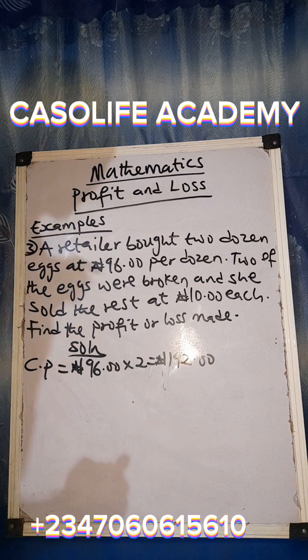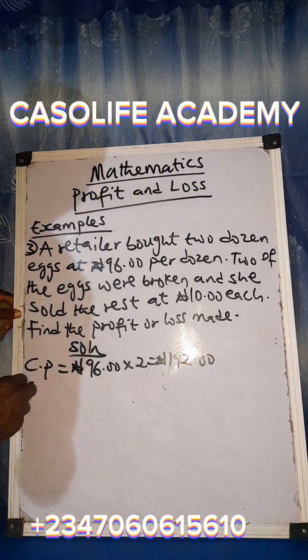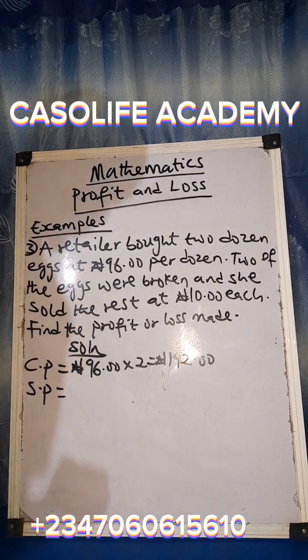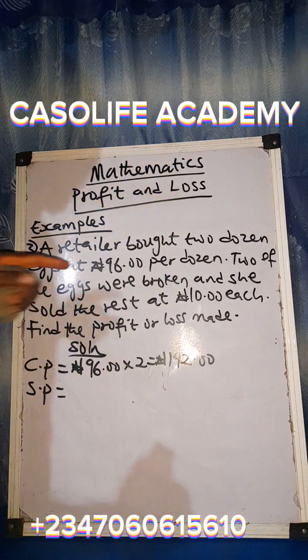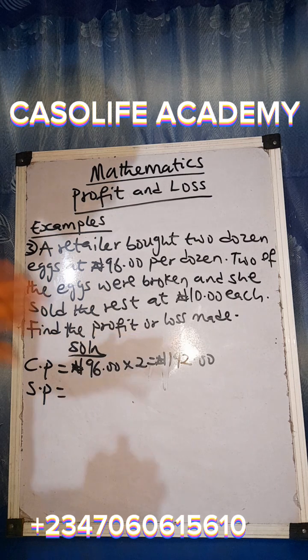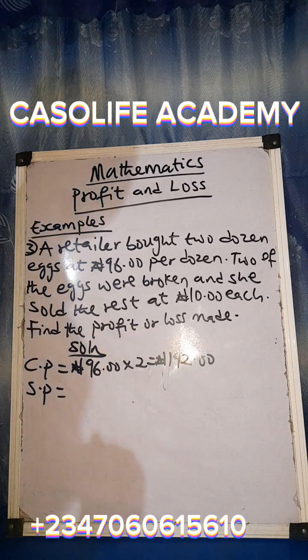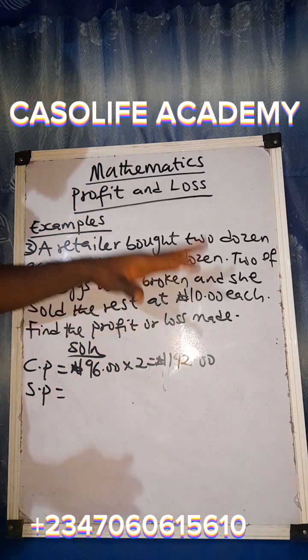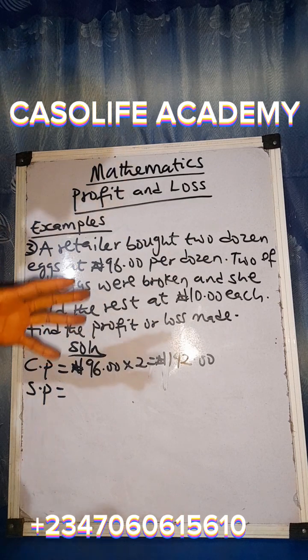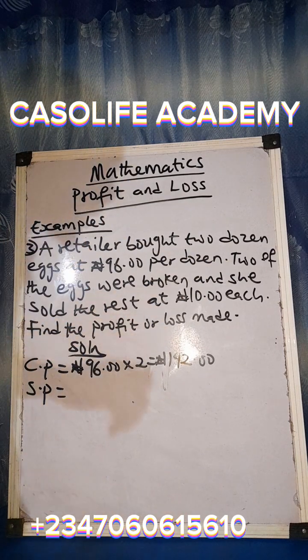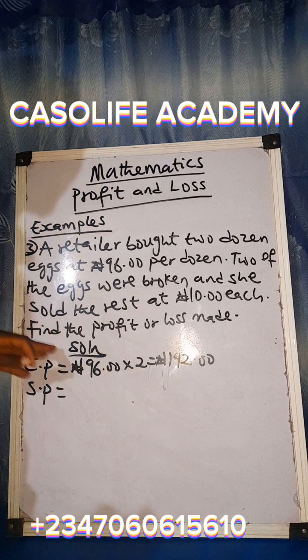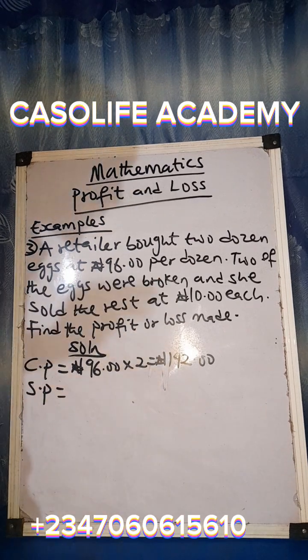So let's move over to the selling price. We are told that 2 of the eggs were broken, and she sold the rest at 10 naira each.